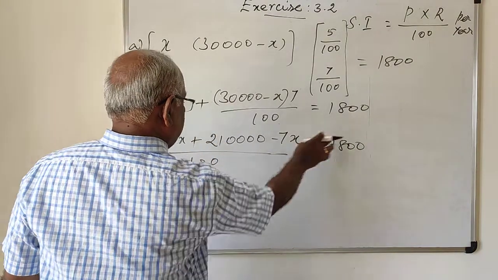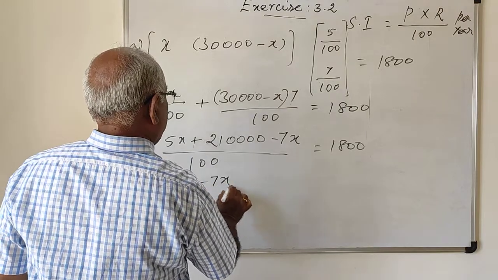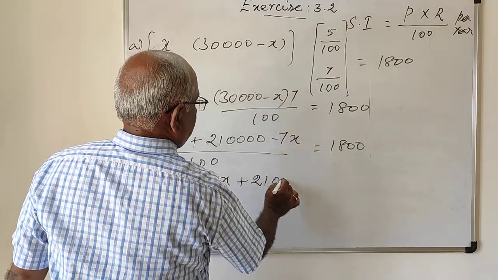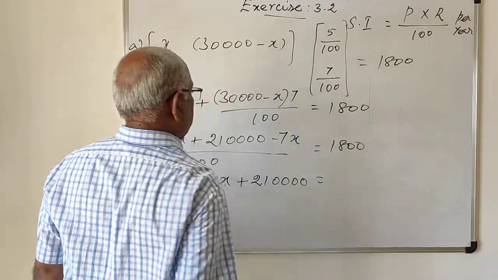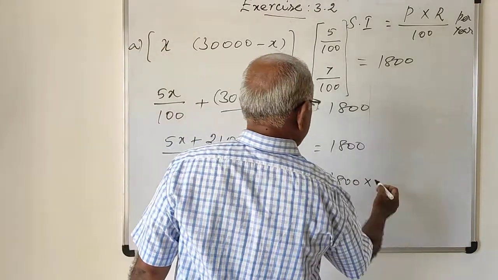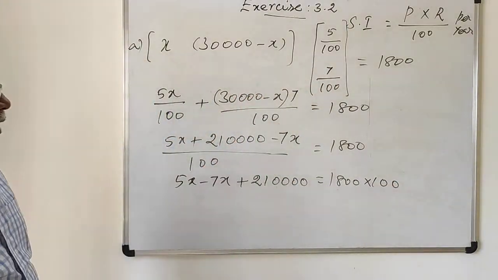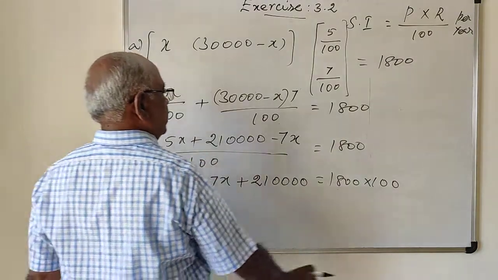By cross multiplying, 5x minus 7x plus 2,10,000 equal to 1800 into the denominator 100.